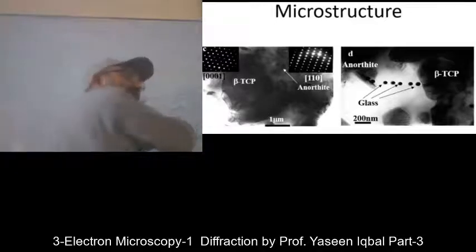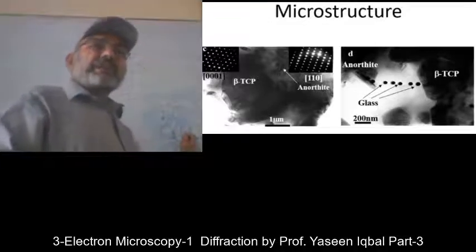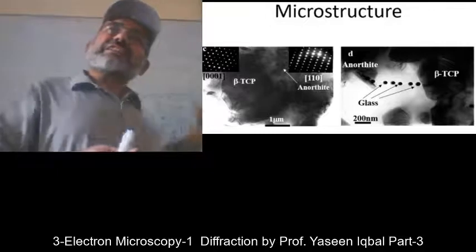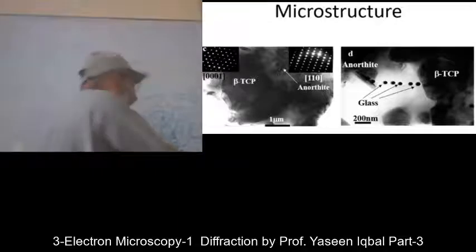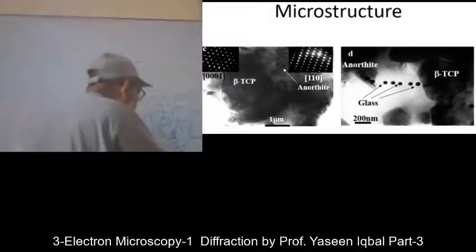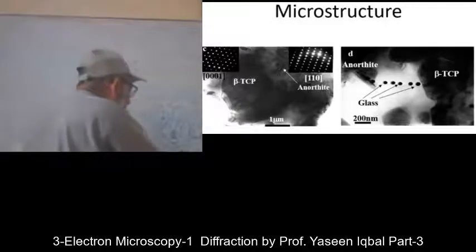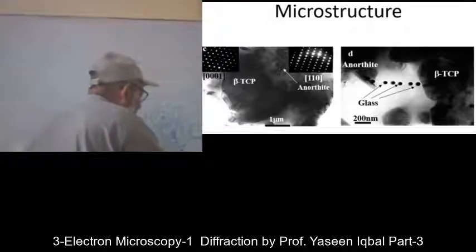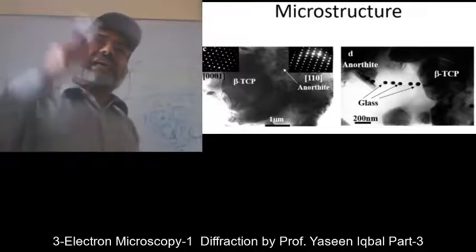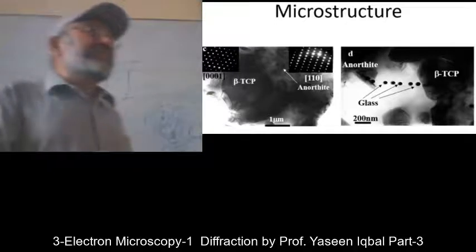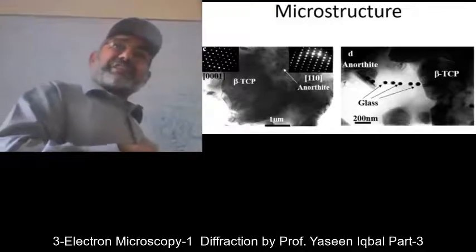So if I have 3 moles of calcium and 1 mole of phosphorus, then the possible compound is tricalcium phosphate. Similarly, if it is CaAlSi, and I have 1 mole of this, 2 mole of this, 3 mole of this, then my compound should look like that: Ca1Al2Si3. Then I look into the formulae of the available phases in these.